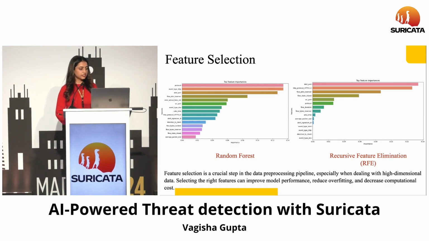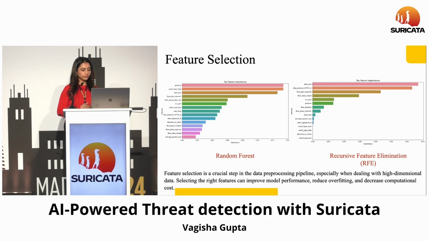The next step was to perform feature selection using feature selection techniques. For my case, I used random forest and recursive feature elimination and calculated the top important features from all the features that I manually picked.